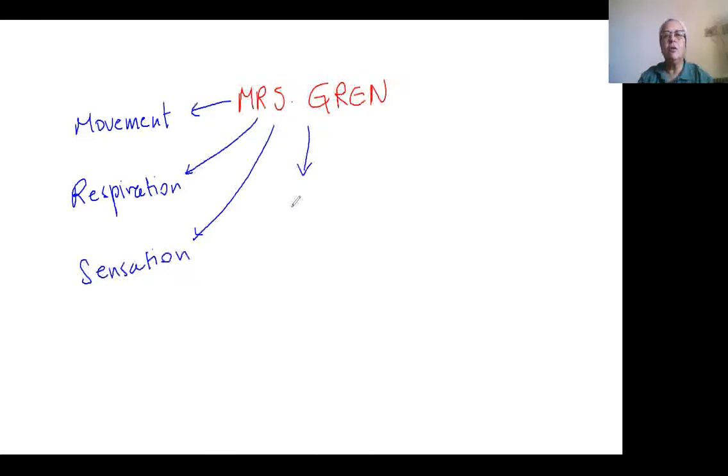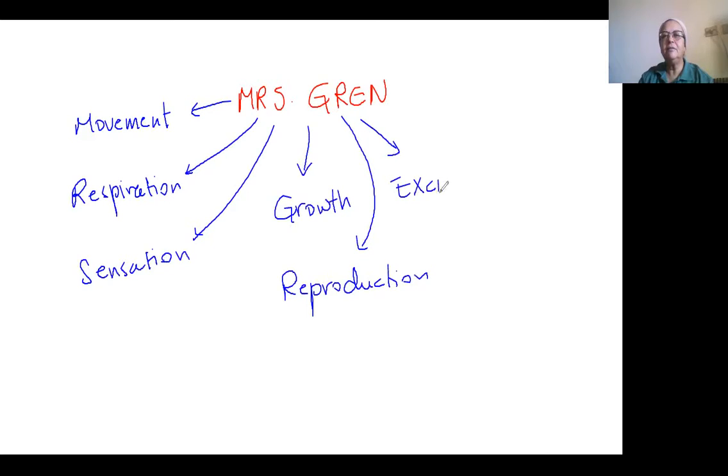G stands for growth. R stands for reproduction. E stands for excretion. And finally, the N stands for nutrition. These are the characteristics of living organisms, the 7 characteristics of living organisms.